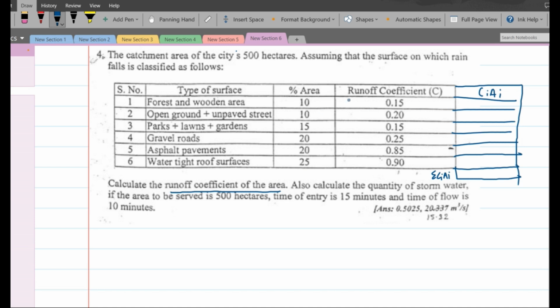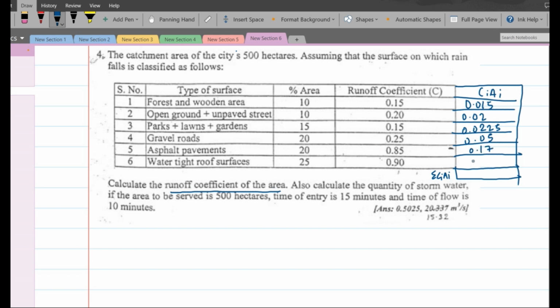Now, if you multiply 0.10 into 0.15, it will be 0.015. And 0.10 into 0.20, it will be 0.02. And 0.15 into 0.15, it will be 0.0225. And 20%, that is 0.20 into 0.25, it will be 0.05. And 20% of A into 0.85 gives us 0.17.